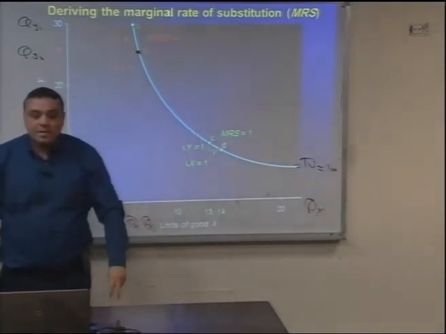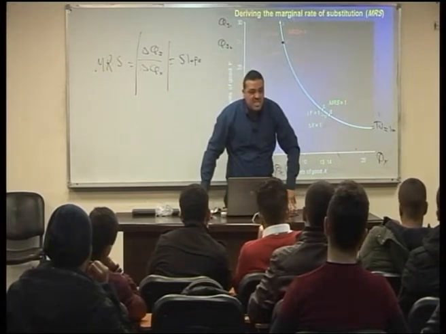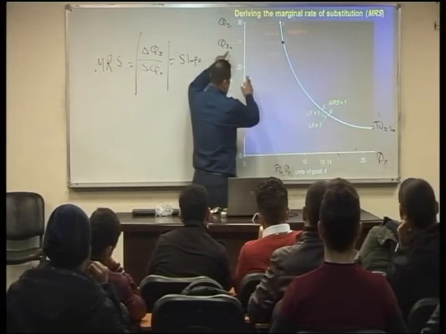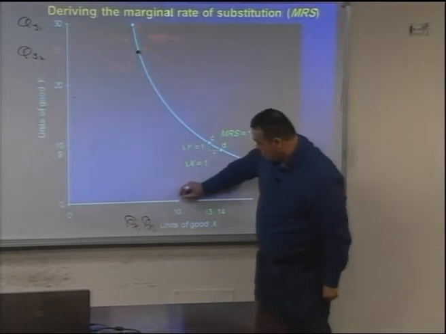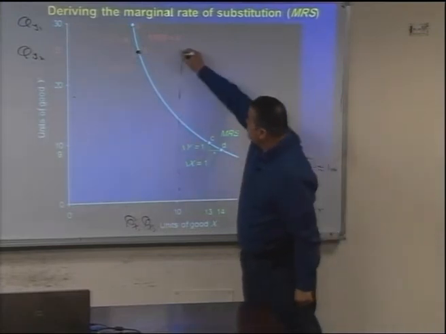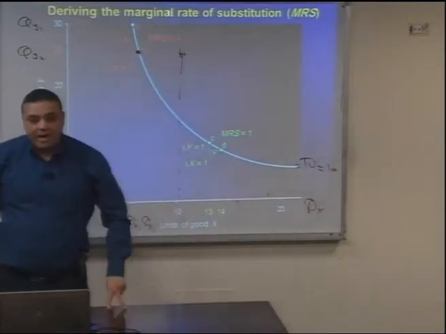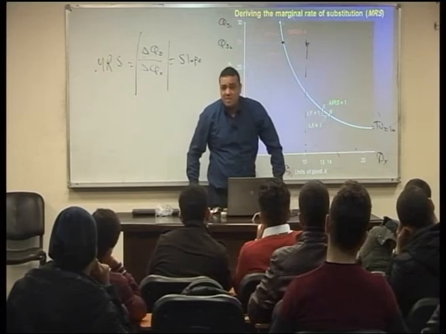What will happen if the consumer decided to increase his consumption of X? Let us assume that the consumer decided to add 10 units of X, and the same quantity of Y, what will happen? His benefits, his total utility, will increase.